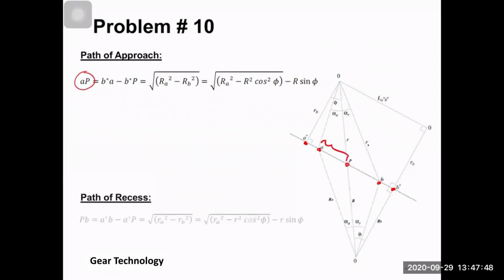And then we have another equation for the distance from P to B. You can calculate this value based on the radius of the addendum circle, the radius of the pitch circle, and the value of the pressure angle, and this is for the gear.